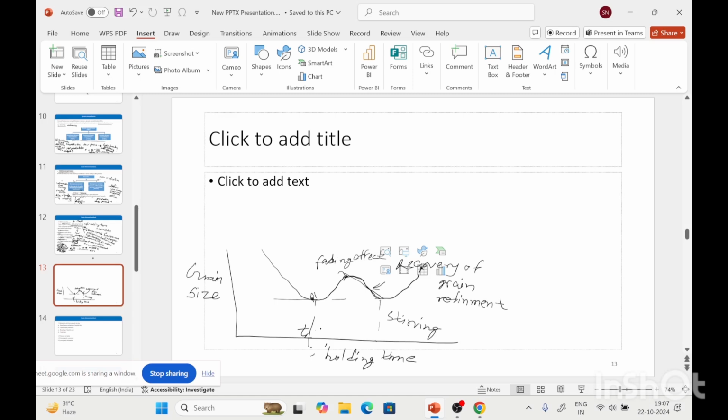So the TC can also be referred to as contact time, or time elapsed between addition of master alloy and casting.